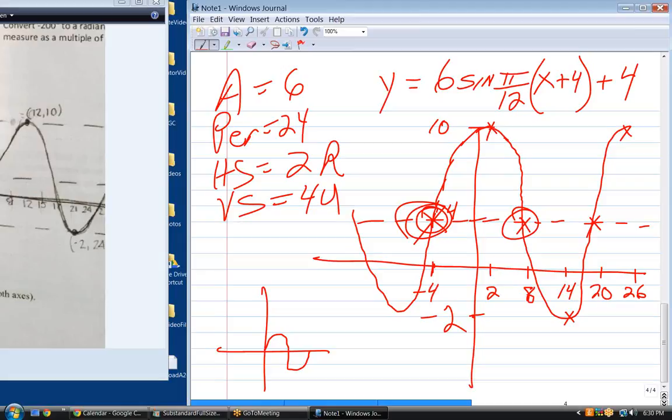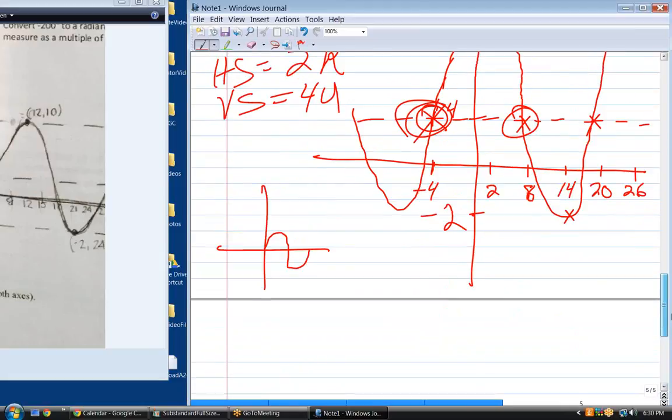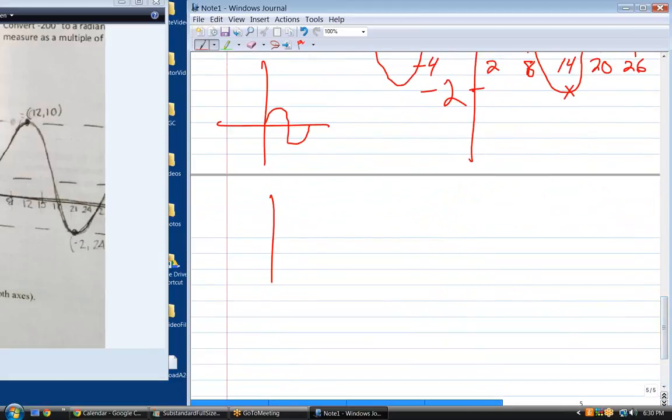Okay. In other words, every sine function is a phase shift away from being a cosine function. Let's look at both sine and cosine. There's sine, here's cosine.